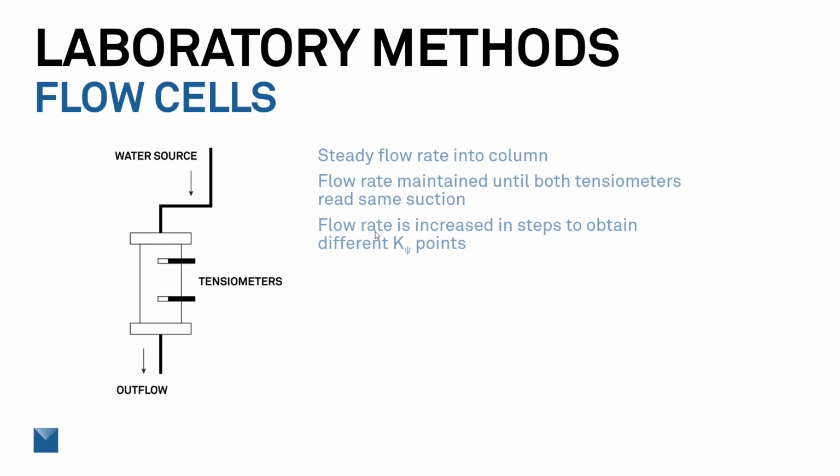We can then step the flow rate up and get another point on the unsaturated hydraulic conductivity curve. Now, as you can imagine, this is going to be relatively time consuming and take a little bit more of your time to actually do the measurements.